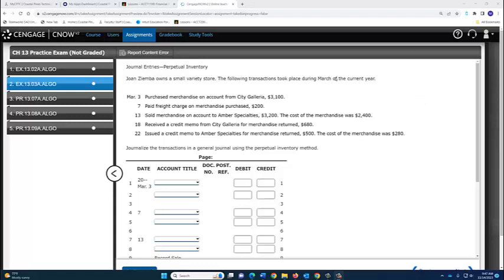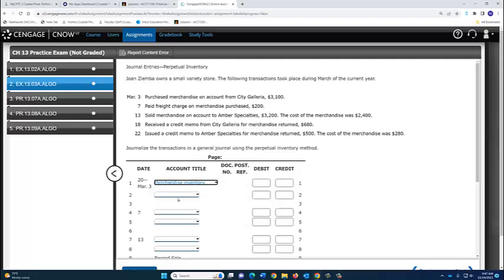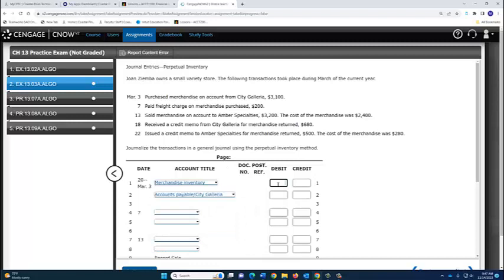Okay, let's get started. We're going to purchase merchandise on account from City Galleria for $3,100. So instead of purchases, I'm debiting merchandise inventory and accounts payable for $3,100.